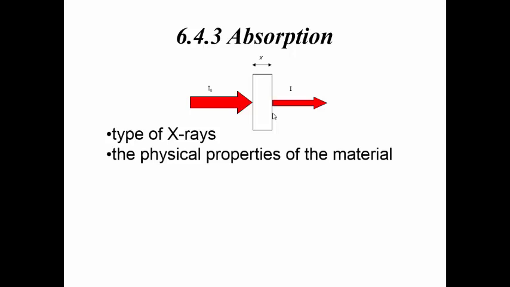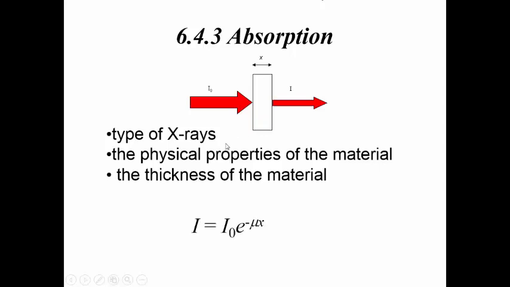What are the physical properties of the material? That is, this material here, is it a protein? Is it a metal? The thickness of the material: the thicker it is, the more absorption you're going to get. And here is the formula.